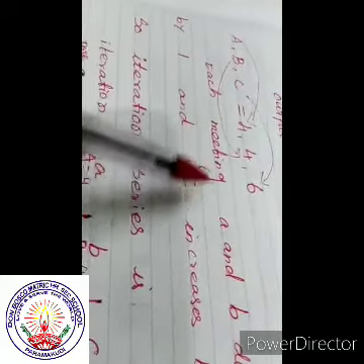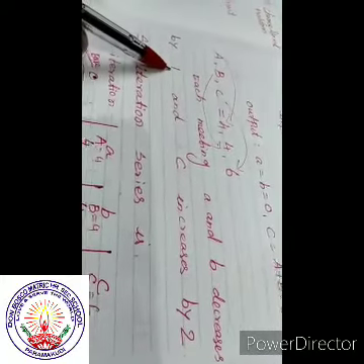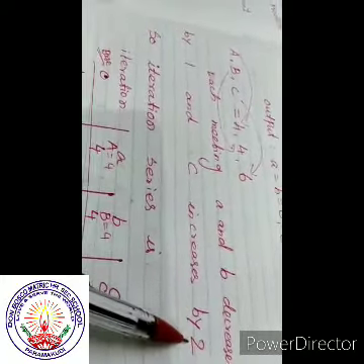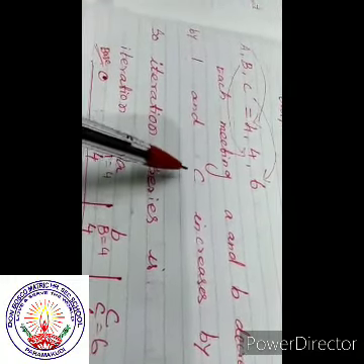Each meeting, A and B decrease by 1 and C increases by 2, because when A and B merge they are creating another type. So both members join to the third one, so the third one, C, increases by 2.